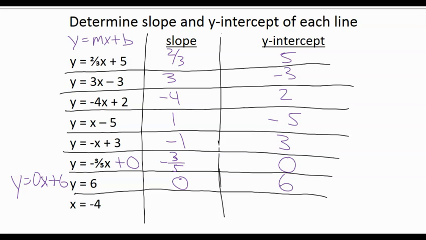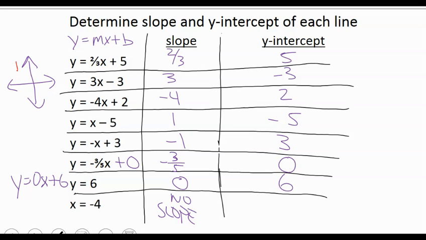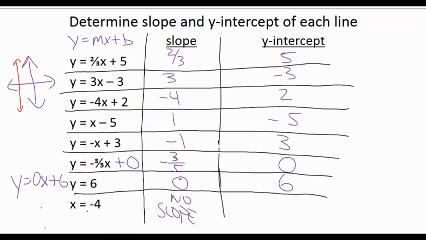So x equals -4. So if y equals a number has a slope of 0, x equals a number has no slope because this is going to be a vertical line. So if you could picture on a coordinate plane, x equals -4 is going to be a vertical line that crosses at -4.